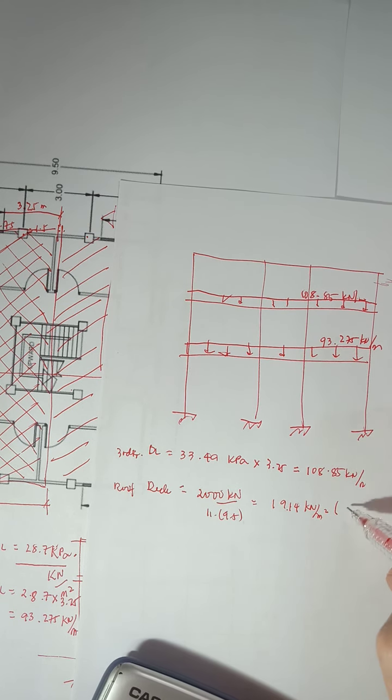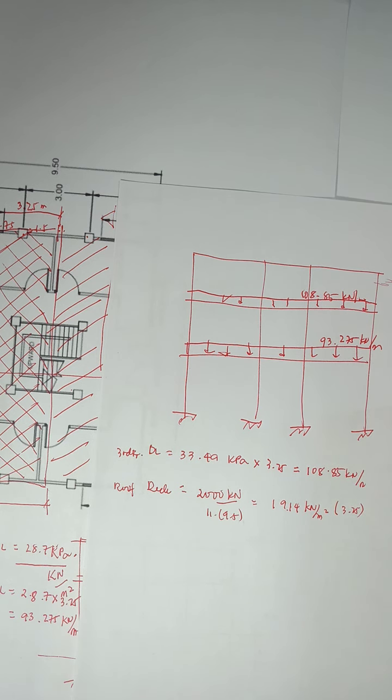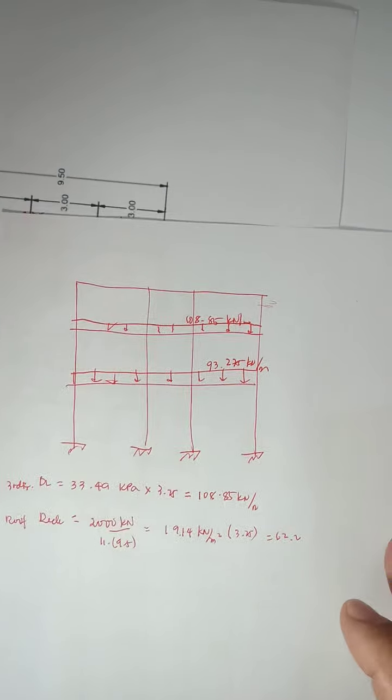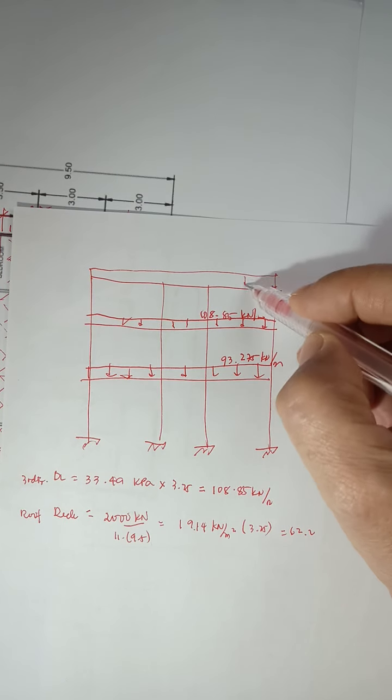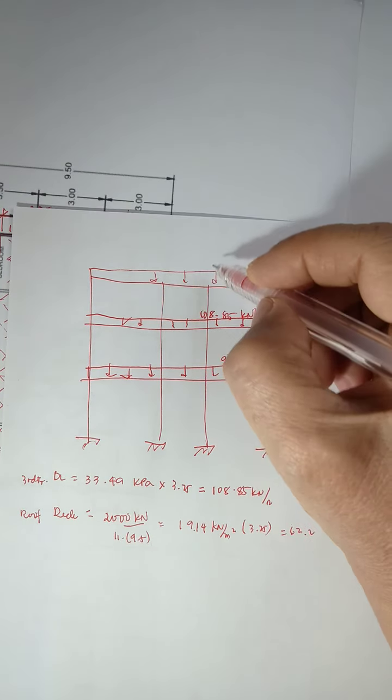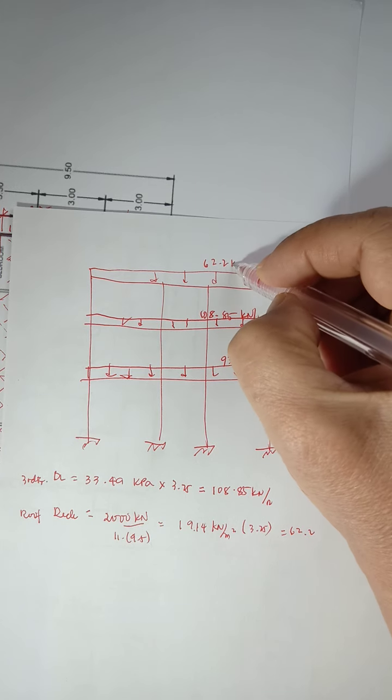Times the 3.25 dimension perpendicular to the longitudinal section, that would be 62.2. So you place on your roof the dead load, which is 62.2 kilonewton per meter.